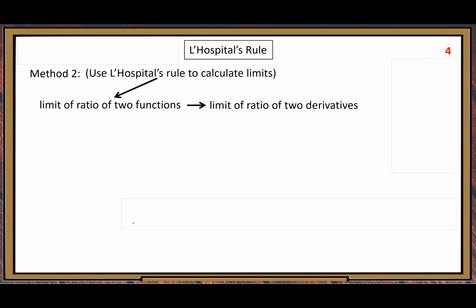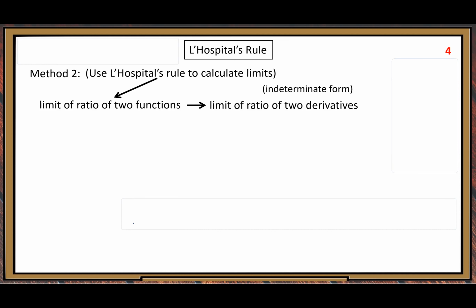These two ratios are the same. But there is a condition you need to check before you apply L'Hopital's rule. If the condition is right, you can safely apply it. If it's not, don't apply it, it's wrong. So what's that condition?